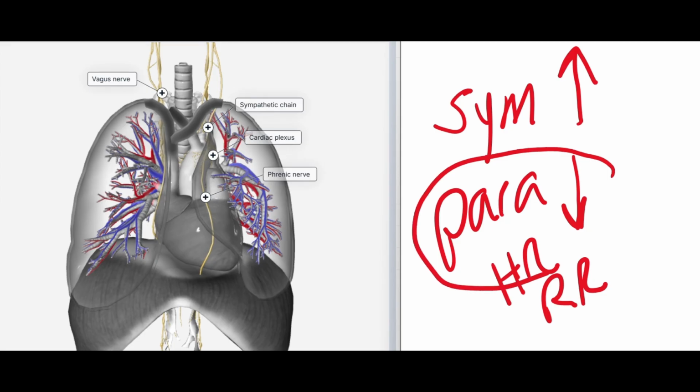And we want to stay, for the most part, in the parasympathetic. When the sympathetic system activates, that generally means there's a problem. It can be a perceived problem or a real problem, as if perfusion was not being met.